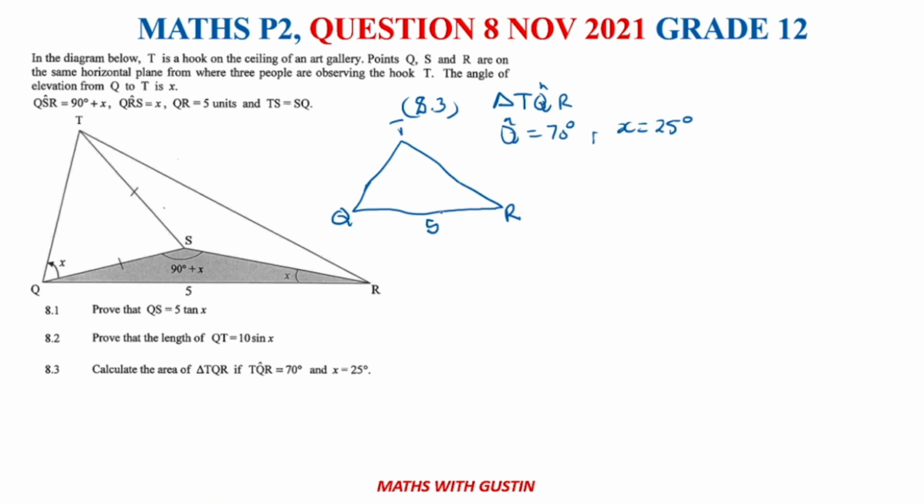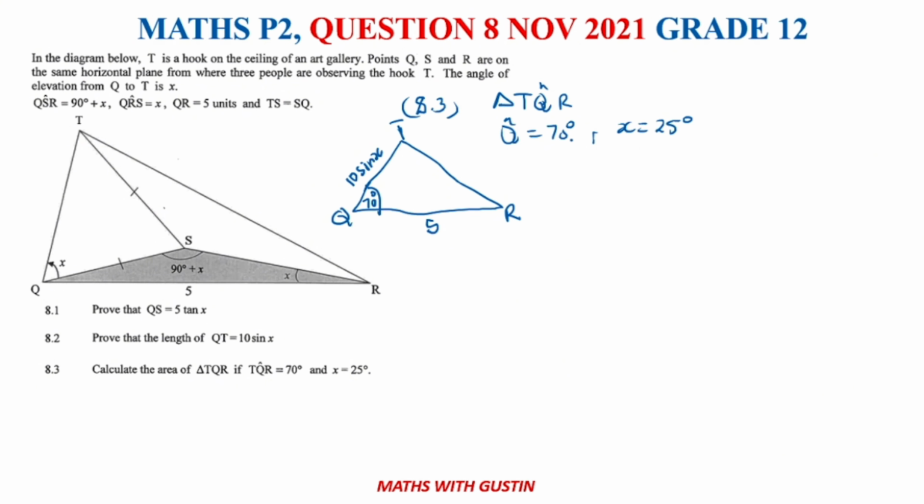Here we go, QR. And then they said Q is equal to 70, so that's 70 there. They've given that to us. And then X is equal to 25. So now we know from what we just calculated that QT is equal to 10 sine X, and we already know X there. Okay, so we have got two sides and an included angle.